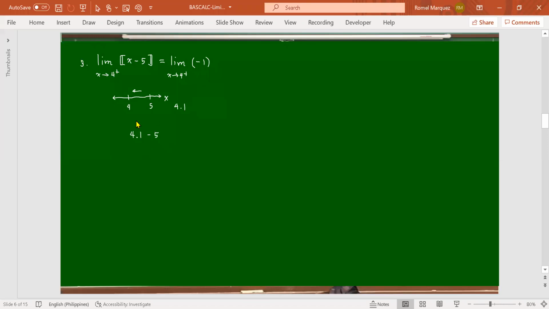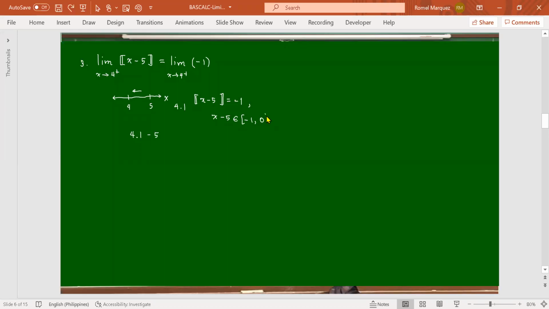So, ang ibig sabihin natin pala, ang x minus 5 ay what? Ang greatest integer niyan ay equal sa negative 1 if your x minus 5 is between negative 1 and 0.